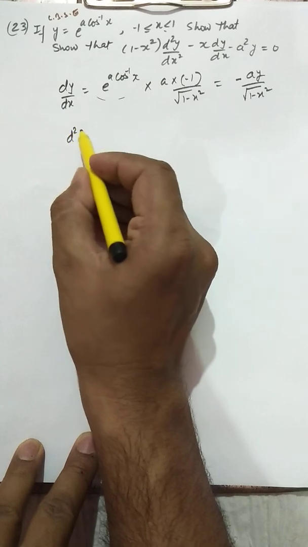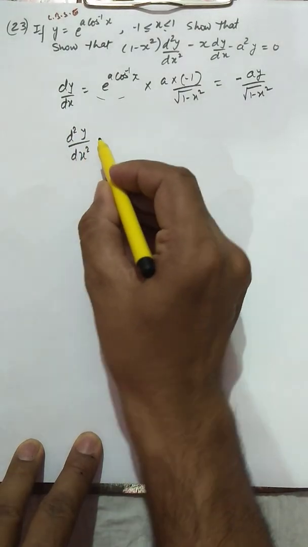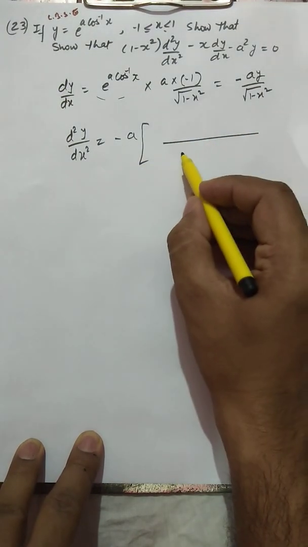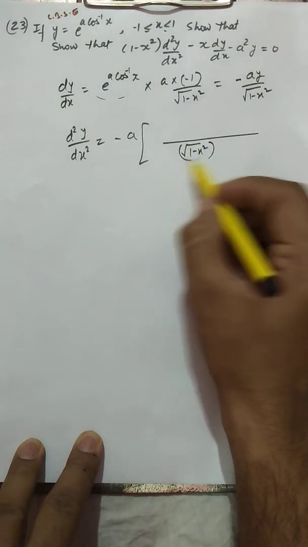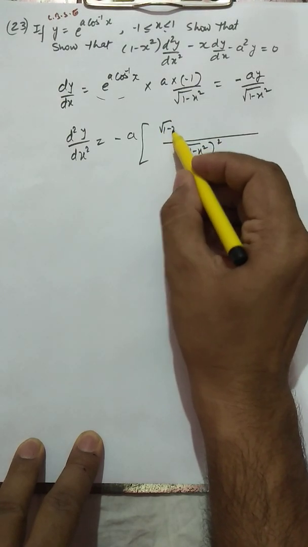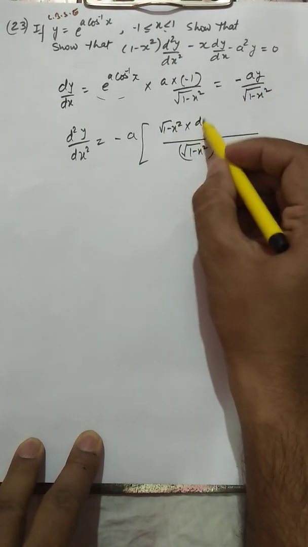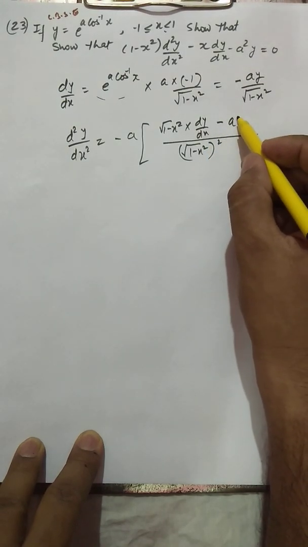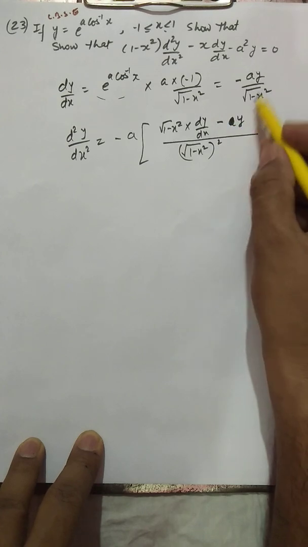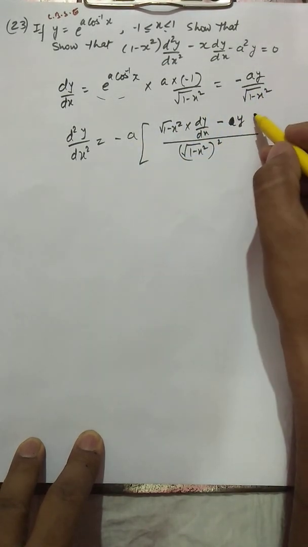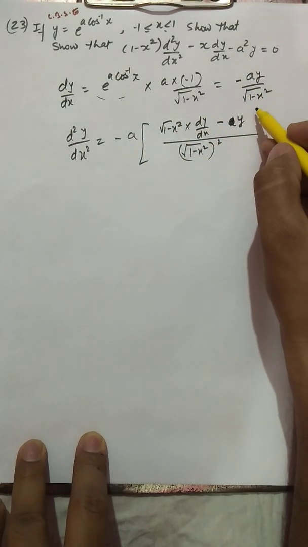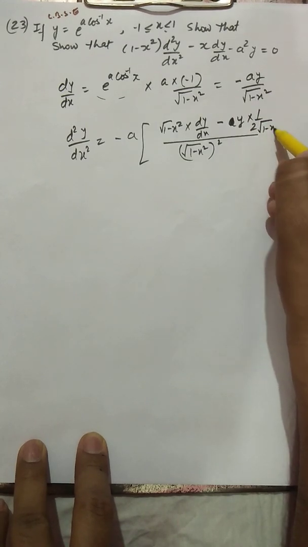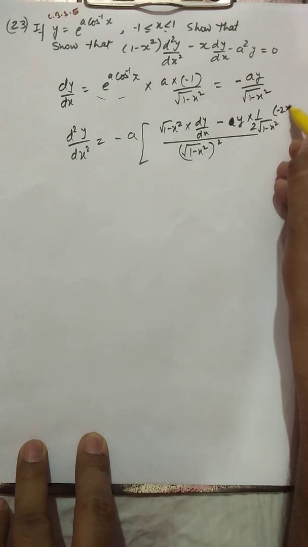Now you have to differentiate this again. So d square y upon dx square, you take minus a common, and here you apply the quotient rule: root 1 minus x square times derivative of y, which is dy by dx, minus y times the derivative of root 1 minus x square. A you have taken common because it is a constant. This becomes 1 upon 2 root 1 minus x square, and this is minus 2x, as you applied the chain rule.